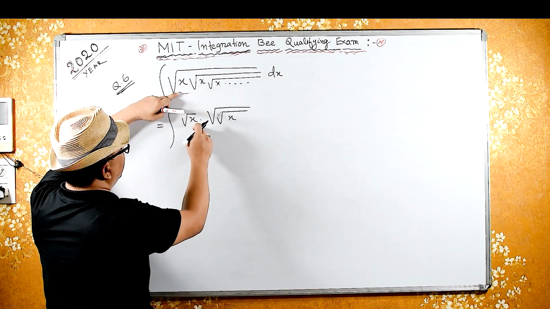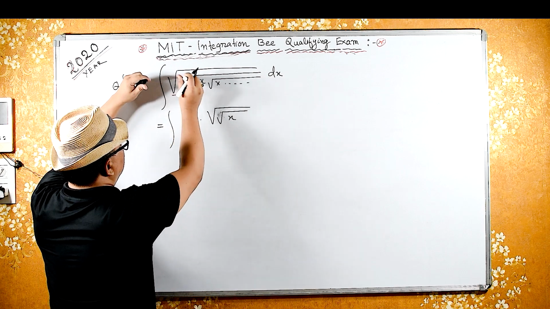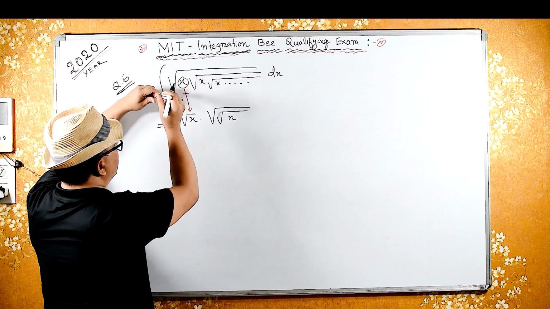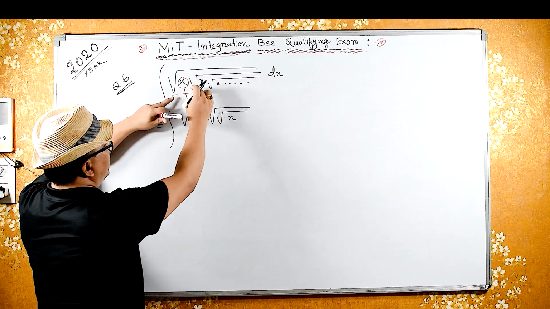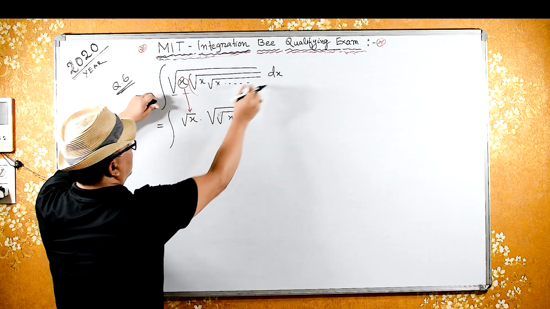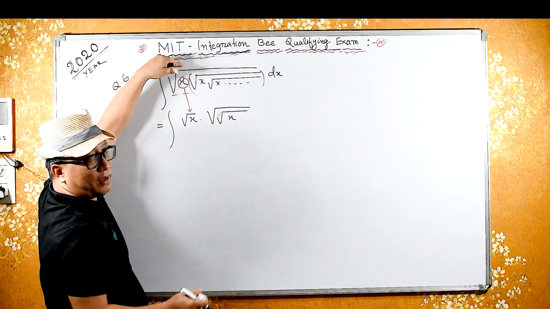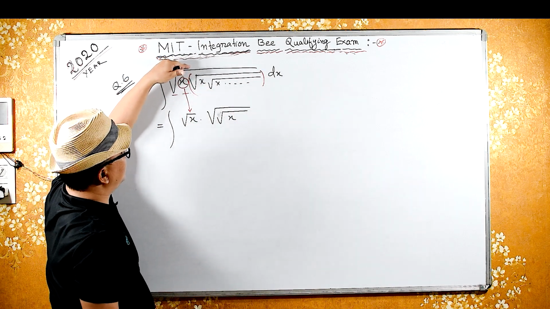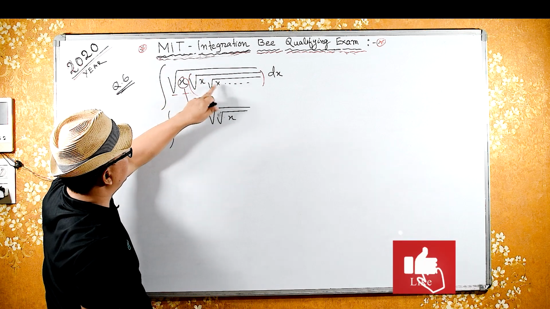If I keep square root of x here, then for this term, since one square root is there, this square root will be over here.